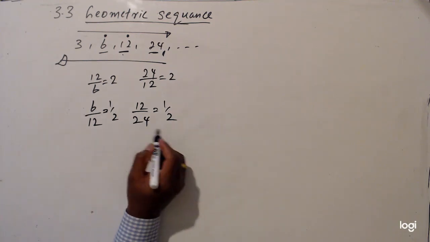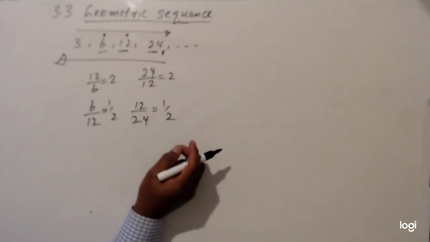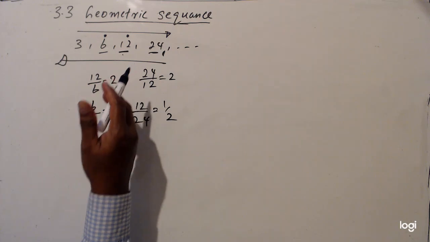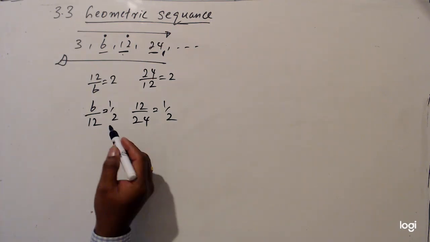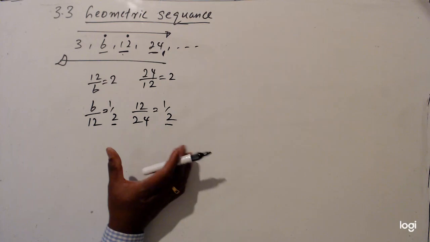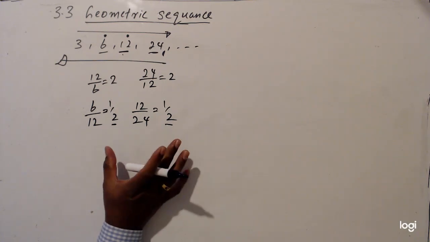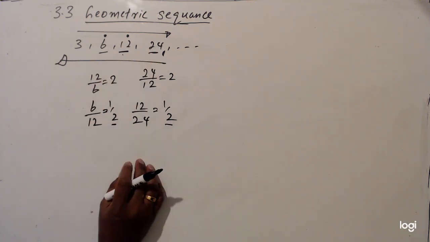So by taking this quotient in any direction, we can determine whether this is a geometric sequence or not. This is half and this is half, so they are equal, then this is a geometric sequence.